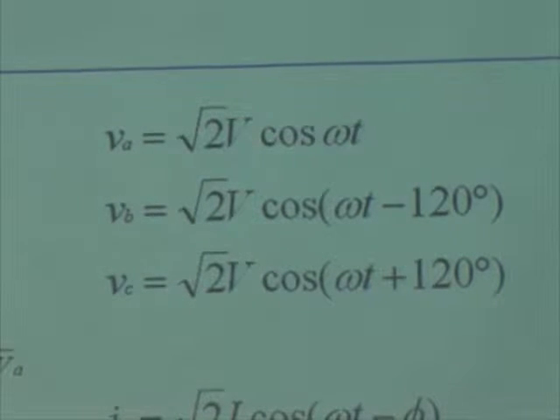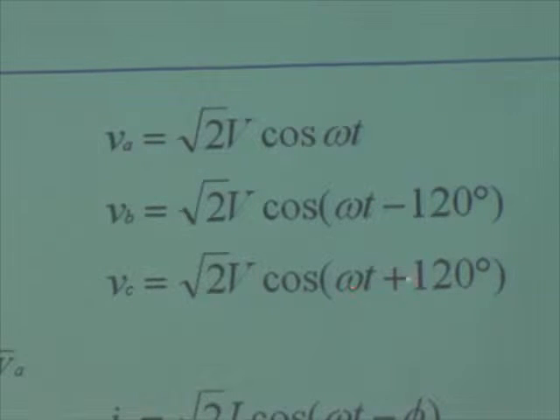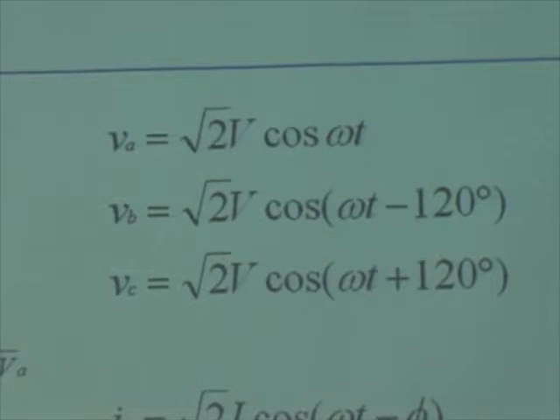And actually, we can have a different sign. This could be plus, and this could be minus. Still, in those cases, we can call it balanced, 평형. So it means we have two different types of balanced system, positive way or negative way. This is called positive way balanced.